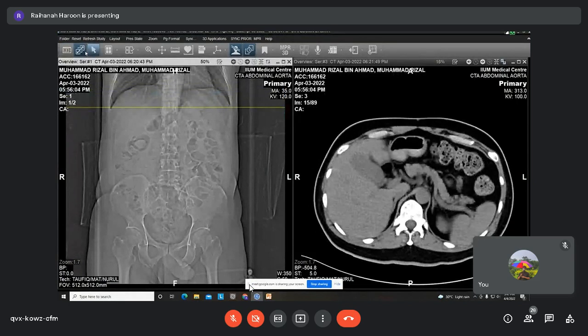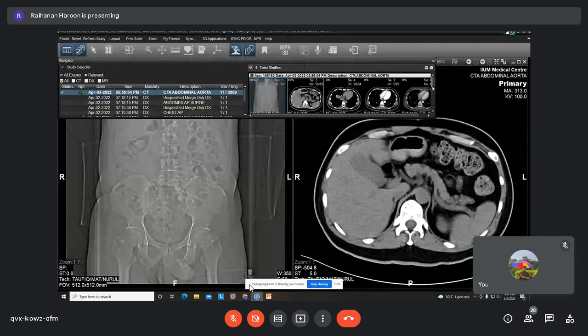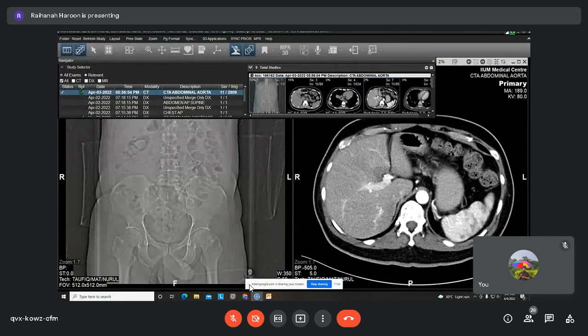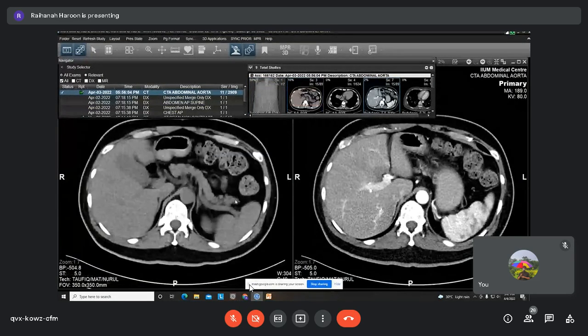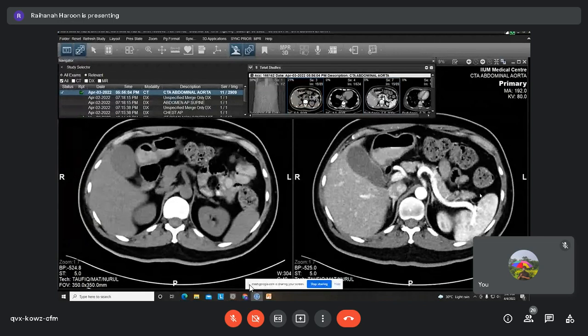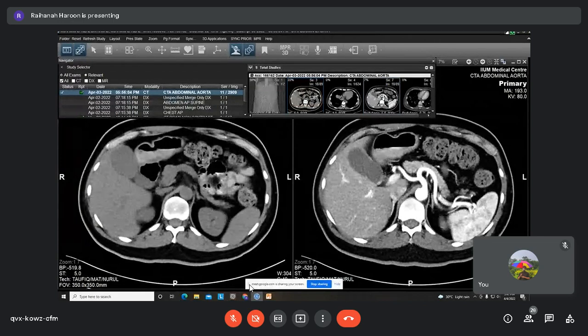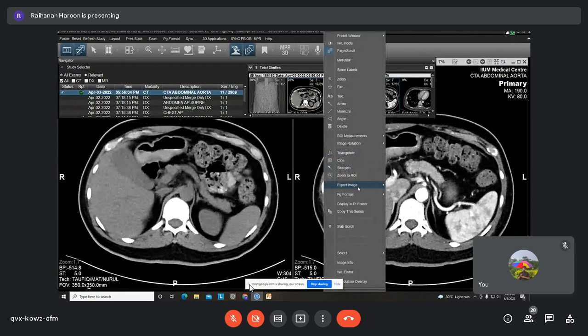This is a CT image of my on-call case yesterday. That's plain, that's contrasted. Thick slice, because there's 5 mm here, and thin slice is 1 mm. I can right click and have a look. This is just to delight all of you.